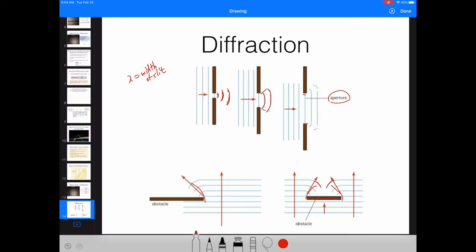Okay. Notice that as time passes, as it goes through, what do you think is going to happen to the amplitude of these waves? Well, hopefully you said that the amplitude is going to go down, right? Because the energy that's being carried by this wave is no longer just being carried over this area, it's being stretched out, which means that the energy itself is being spread out, okay?